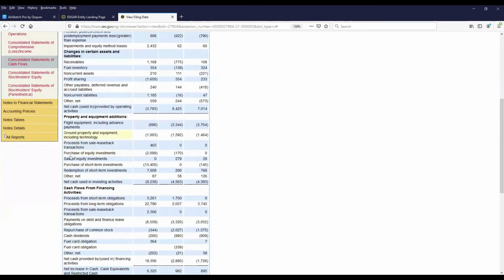Okay, and then the second part, cash flow from investing activities, shows you Delta's cash inflows and outflows because of their investing, such as investment in their buildings, capital expenditure, or short-term and long-term investments.